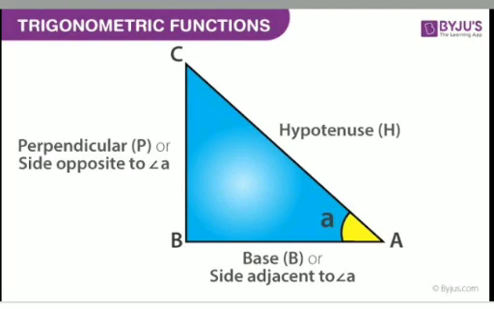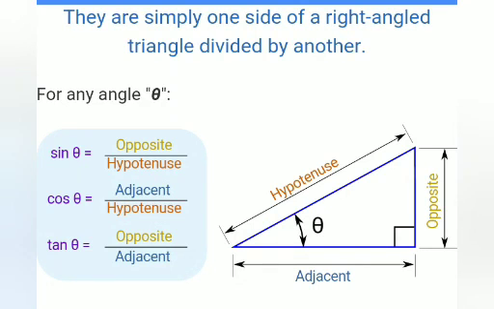Now we can write the trigonometric functions as sin theta is equal to perpendicular, that is opposite side, by hypotenuse, and cos theta is equal to adjacent side by hypotenuse.